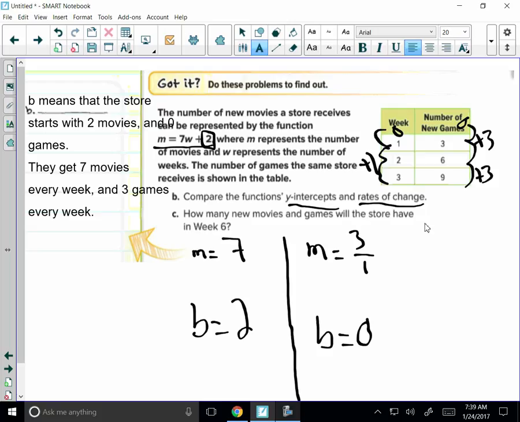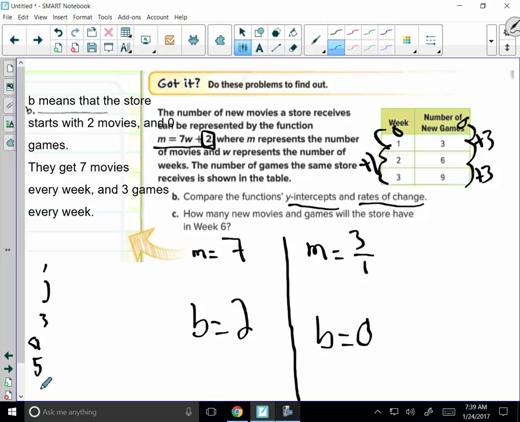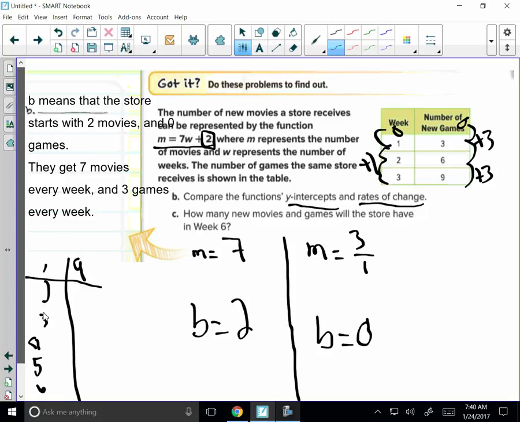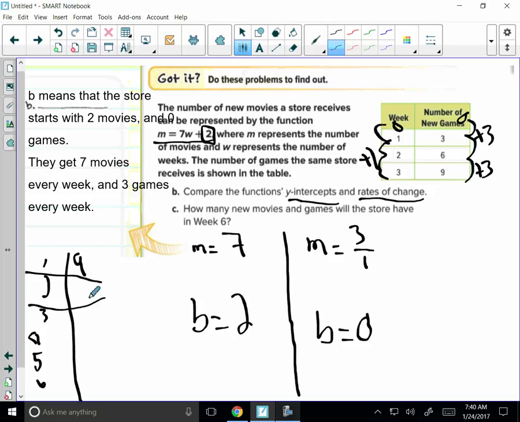Now, if you look here, it says how many new movies and games will the store have in week 6? So we can figure that out if they get 7 new movies per week. So in 6 weeks, I have 1, 2, 3, 4, 5, 6 here. So they start with 2, and then they add on 7 in the first week. So we have 9. And then the second week, we add 7 more to 9, which is 16.